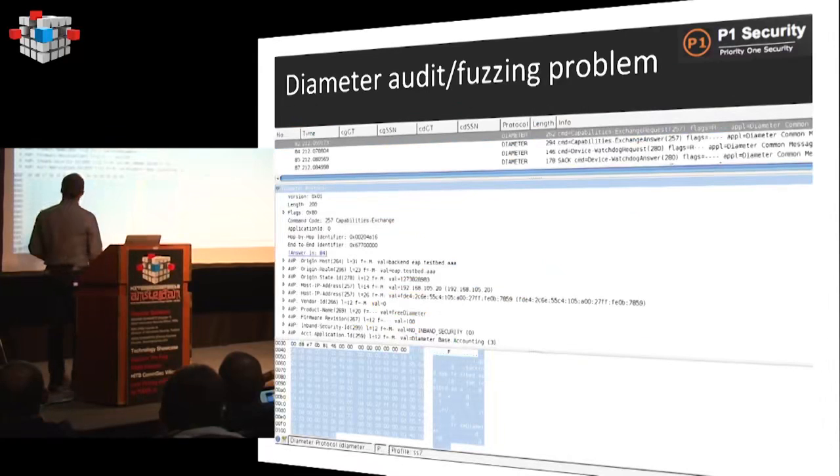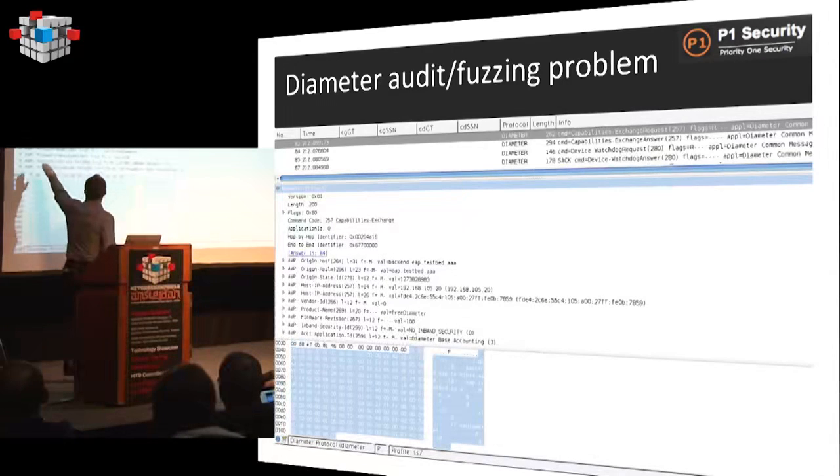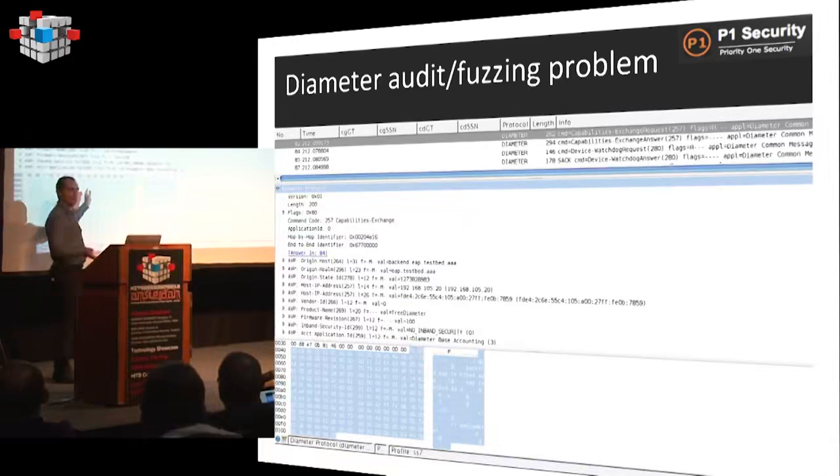Well, the problem with Diameter is that when you look at the actual packet and at the specification, you read that the specification does not force you for anything. Nearly every attribute value pair is optional, and it only depends on the kind of dialogue in which you are to put this kind of attribute value pair.